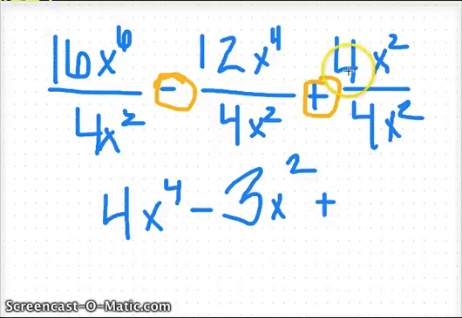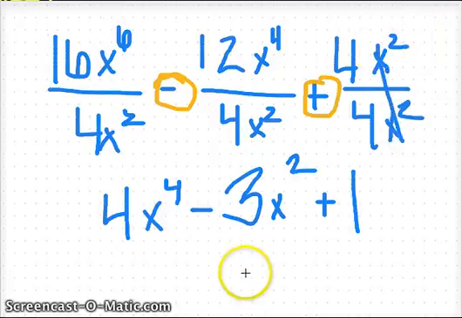And then it has 4 divided by 4, which is 1. It's basically not going to be anything, but you still want to put the 1. And x squared divided by x squared cancels out. So our answer is going to be 4x to the fourth power minus 3x squared plus 1.